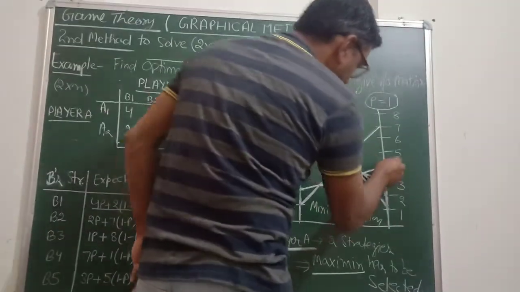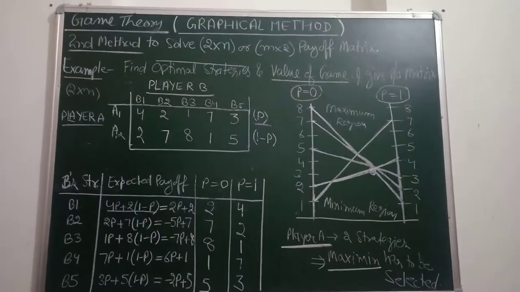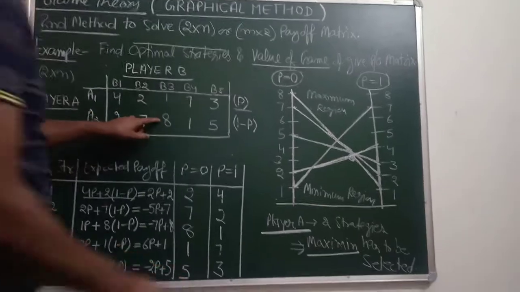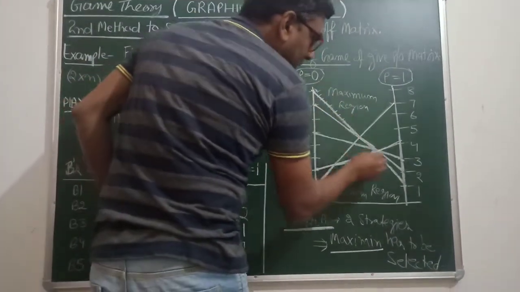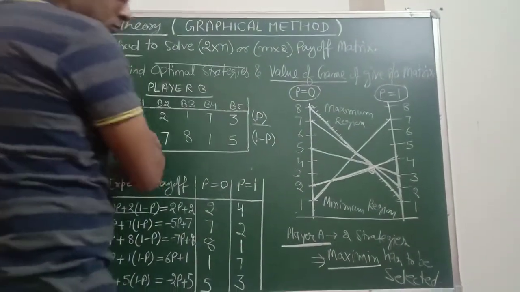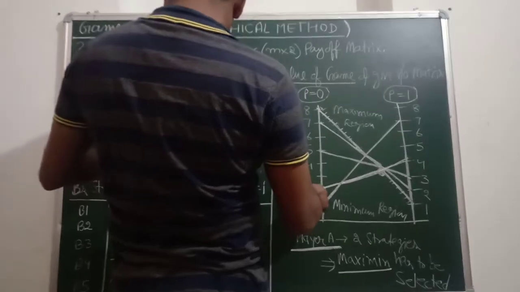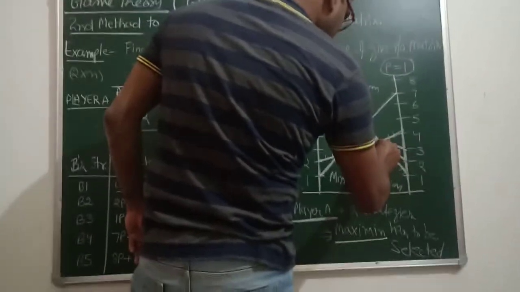So this point lies on which values? You will see that the first line is 1 8 and the second one is the 4 2 line.